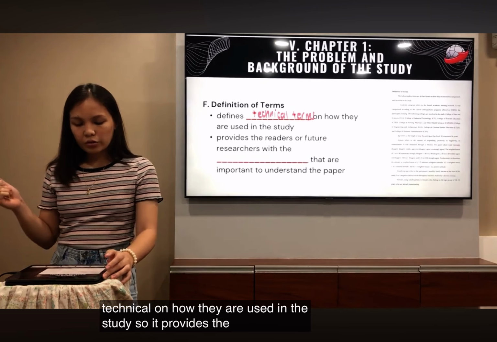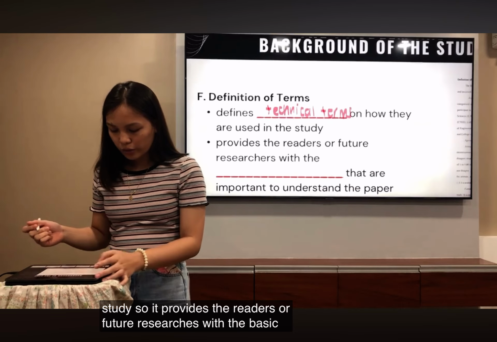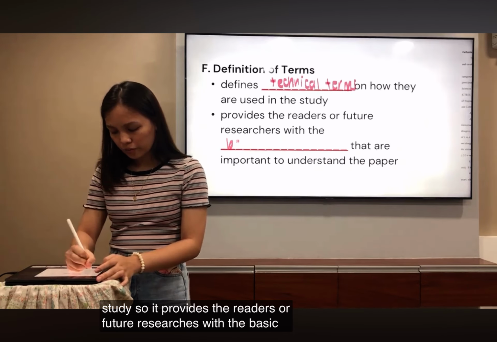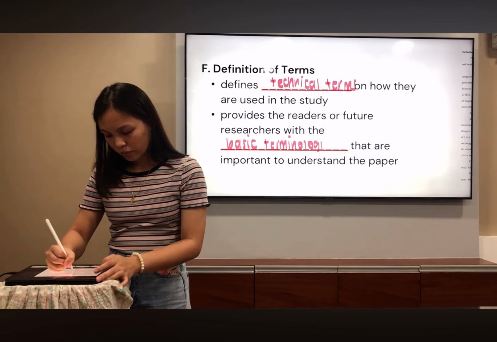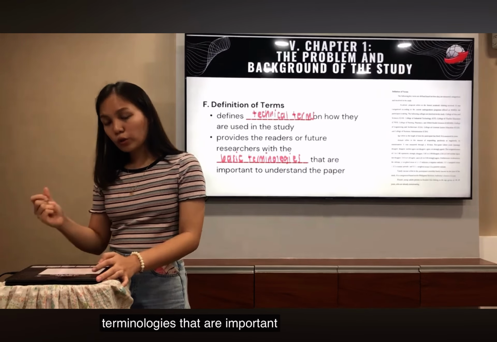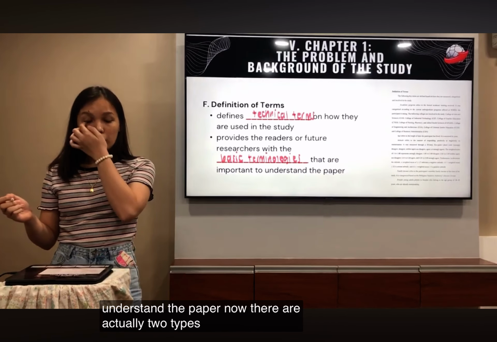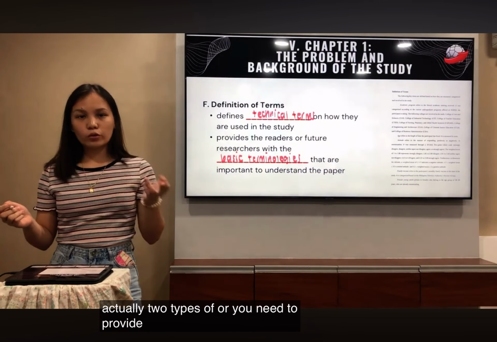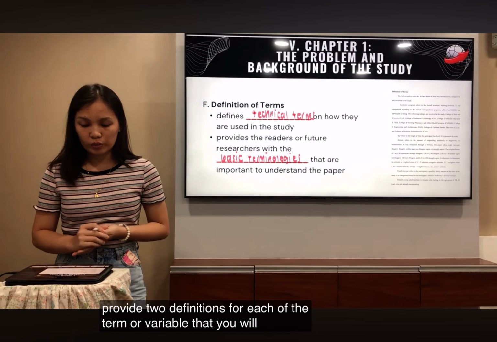So it provides the readers or future researchers with the basic terminologies that are important to understand the paper. Now, you need to provide two definitions for each of the terms or variables that you will be using.